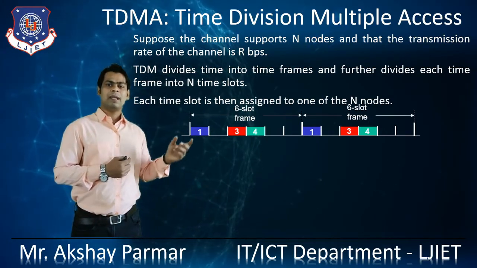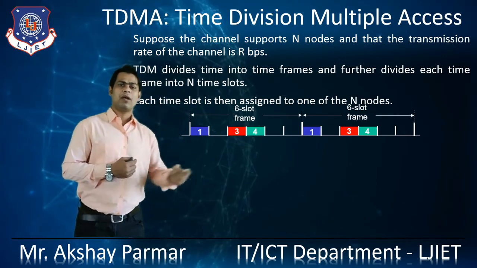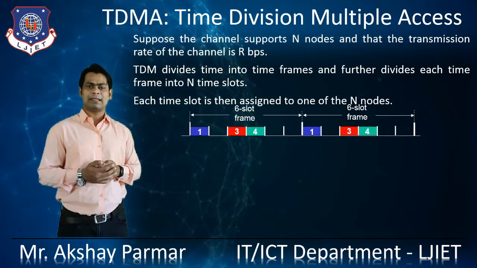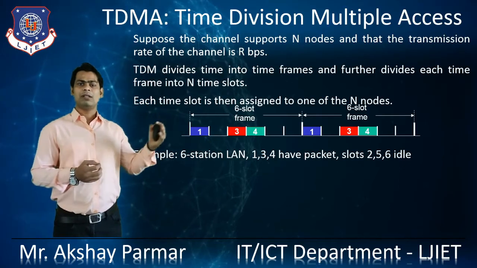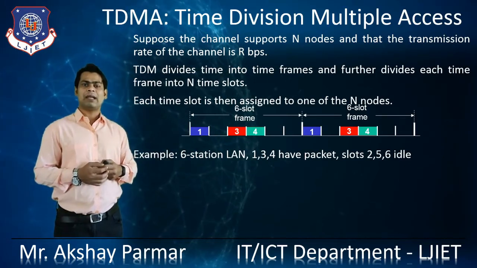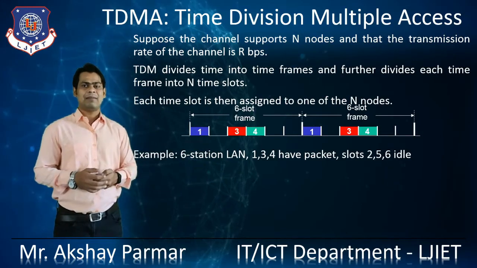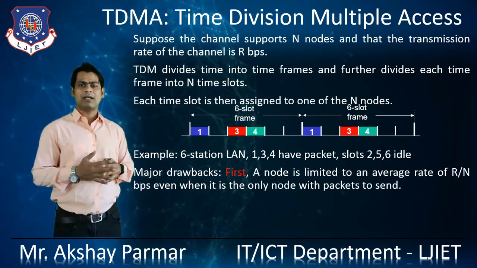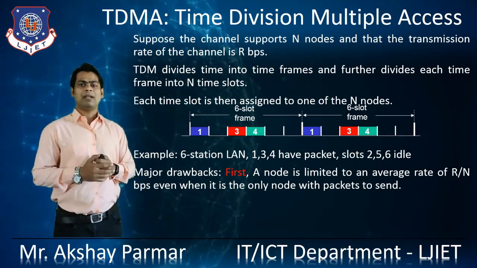So time slots 1, 3 and 4 are assigned to nodes for accessing. For example, in the 6-station LAN, stations 1, 3 and 4 have packets, and slots 2, 5 and 6 are idle because they are not assigned to any of the nodes. So there is a wastage of time slots.